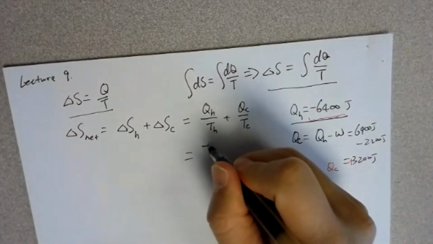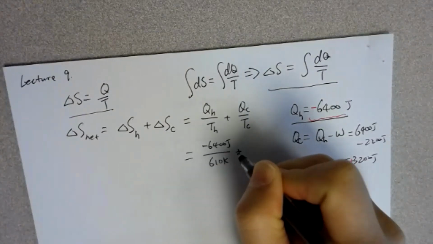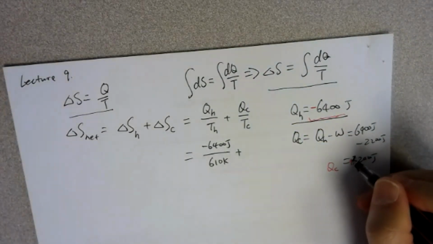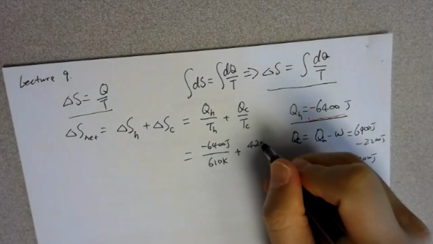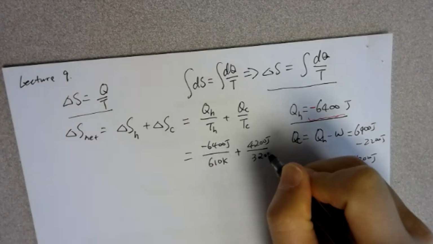All right, so minus 6400 joules divided by the temperature 610 Kelvin, plus for the cold reservoir, 4200 joules over the temperature of 320 Kelvin.